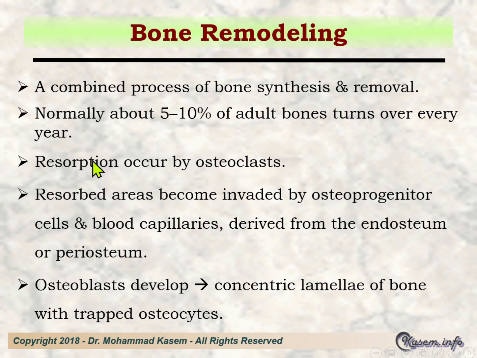Resorption occurs by osteoclasts, and the resorbed areas become invaded with osteoprogenitor cells and blood capillaries derived from the endosteum or periosteum. The osteoblasts develop and form the concentric lamellae of bone and become trapped and transformed into osteocytes.